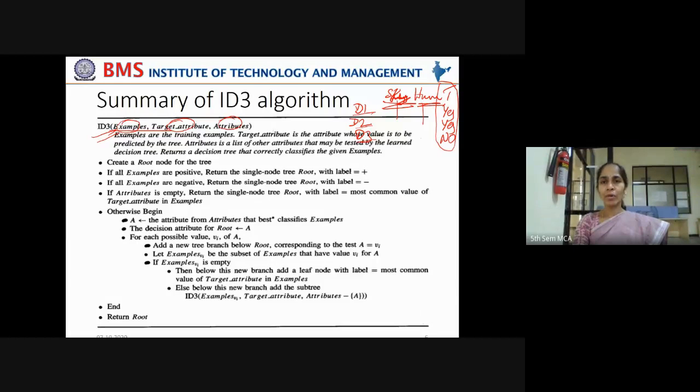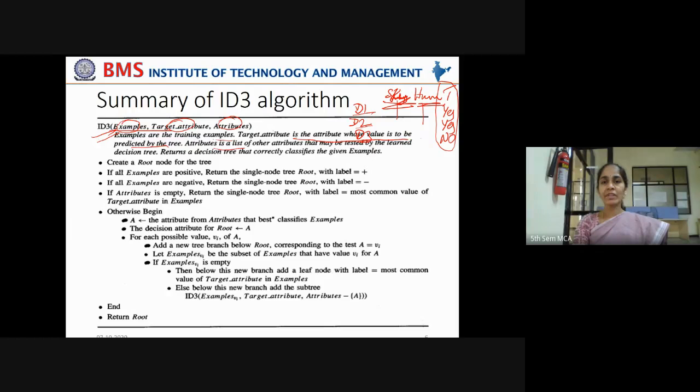The features or properties are simply the columns. Examples are the training examples. The target attribute is the attribute whose value is to be predicted by the tree. So what should be the prediction? Yes or no. Given the day's weather conditions, whether the game will be played or not.